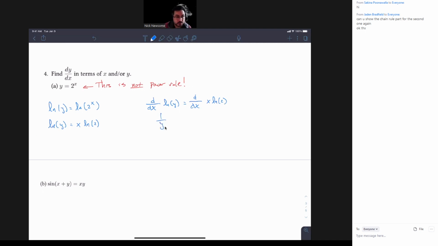But I took a derivative of y, so we have a dy dx. On the right-hand side, I take a derivative with respect to x of x times natural log of 2. Natural log of 2 is just a number, so this really just looks like number times x. Derivative of number times x is just the number itself.